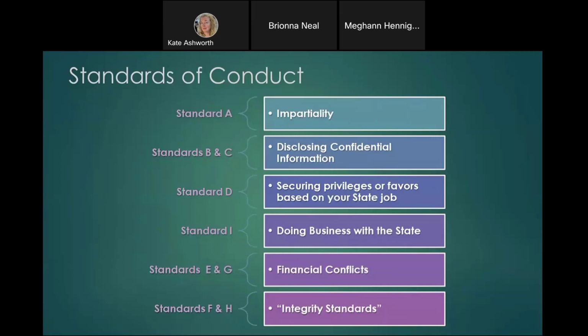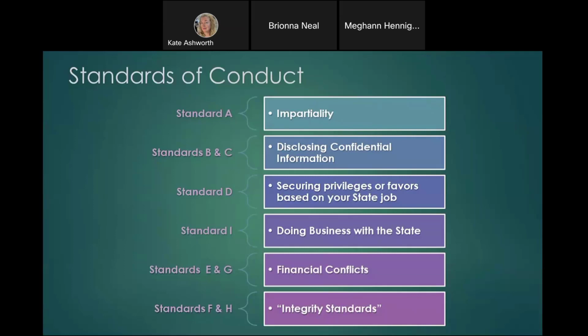The vendor offers you a part-time position on a completely different project, not the one you're working on, that does not involve your agency. Standard A means you cannot, as a state employee, pursue that outside employment because it might look like you are not being impartial.